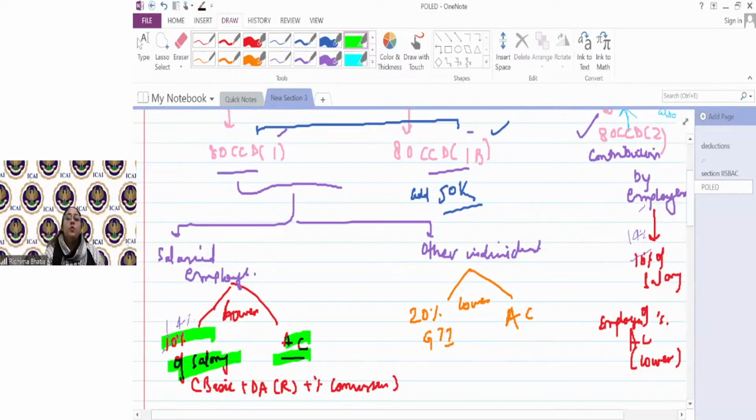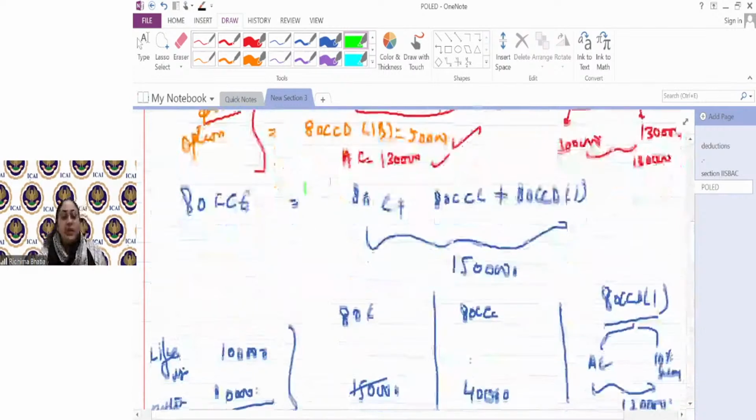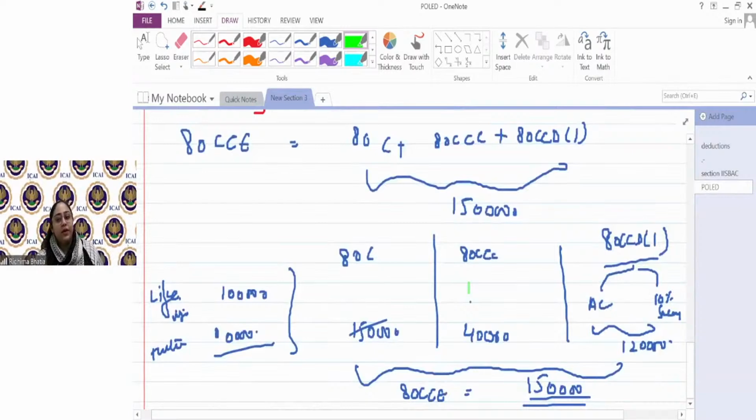Whichever is lower would be my eligible amount for 80CCD(1). Then I will pick up 80CCE and put all the amounts there of 80C, 80CCC and 80CCD(1), total them, and if it is more than 1,50,000, the maximum allowed would be 1,50,000.